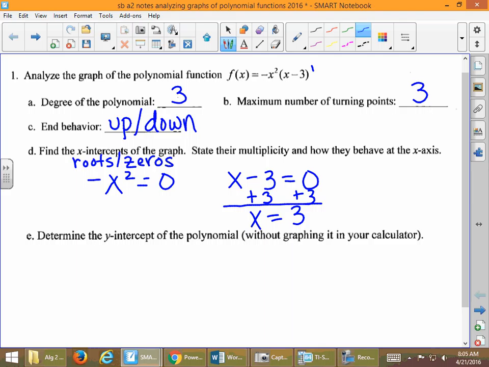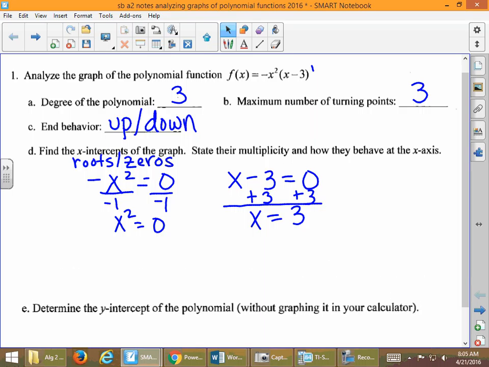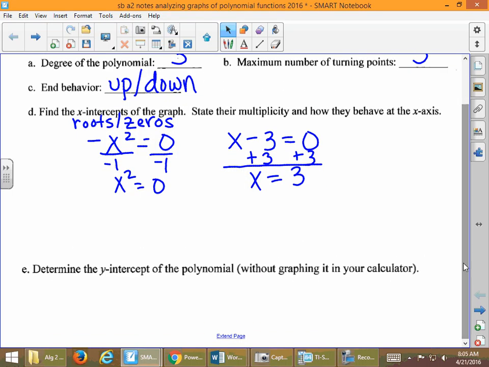But you look over here at this negative x squared, and maybe or maybe not it causes you trouble. When we solve this, we would have to divide both sides by negative 1. And so now we have x squared equals 0. And then we can take the square root of both sides.